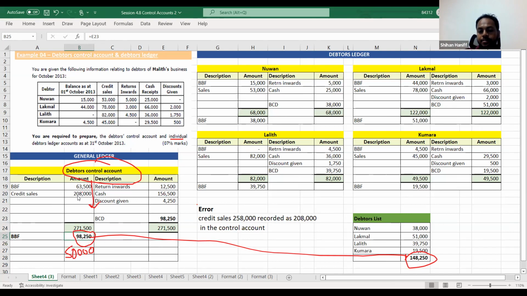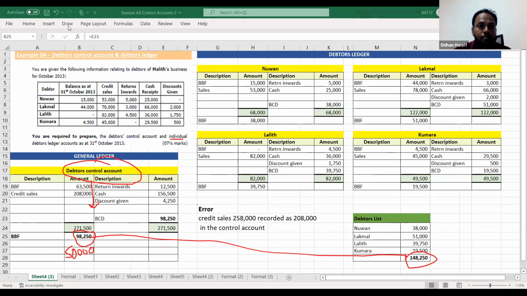Is that clear? This won't come to the reconciliation. If the error is from the control account, we can correct it through the adjusted control account. It won't go to the reconciliation.